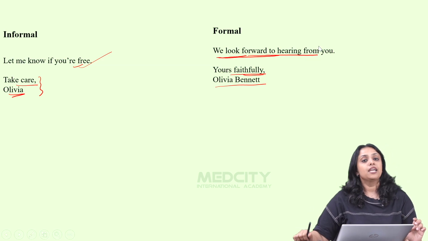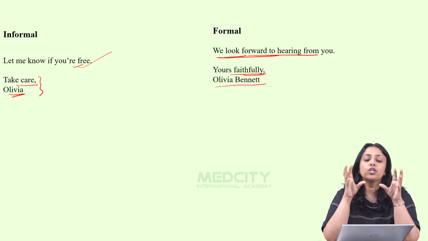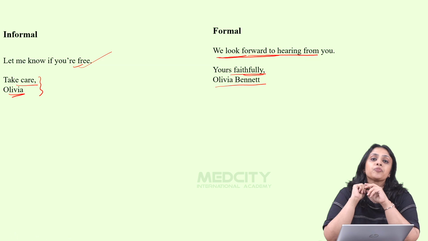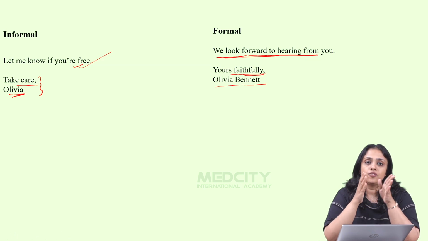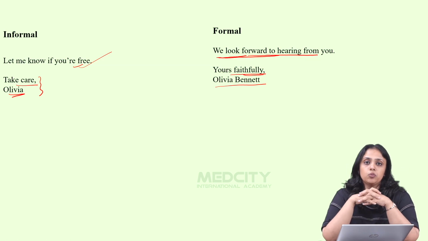So I hope by now you've got an overall picture of what you have to do when it comes to writing task 1 of the General Training module. You have to write a letter in about 150 words, at least 150 words, and the letter type can be formal, informal, or semi-formal.